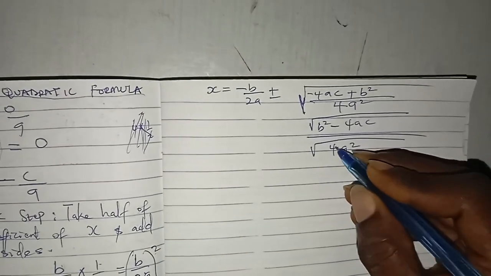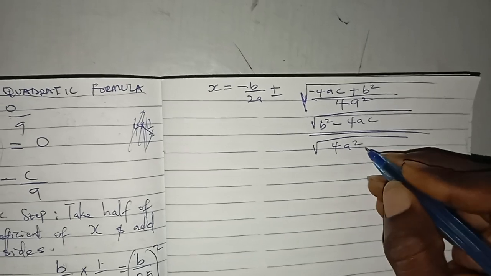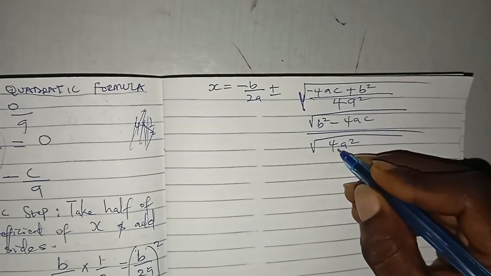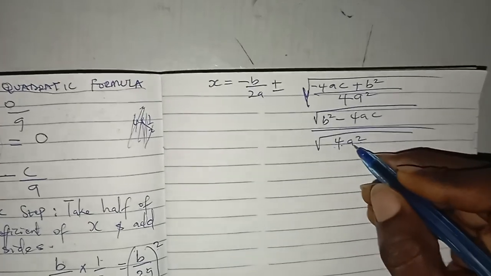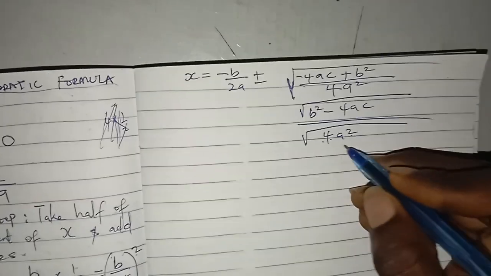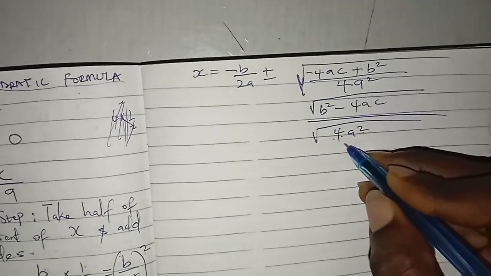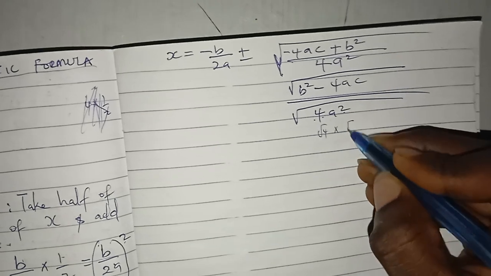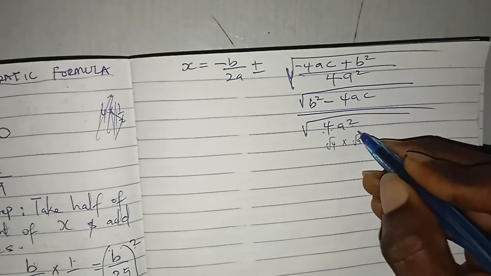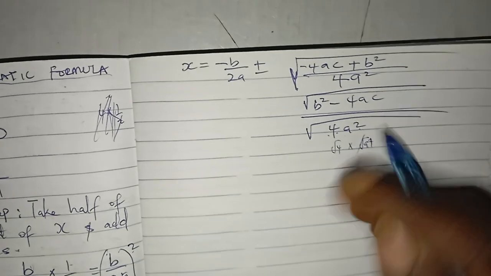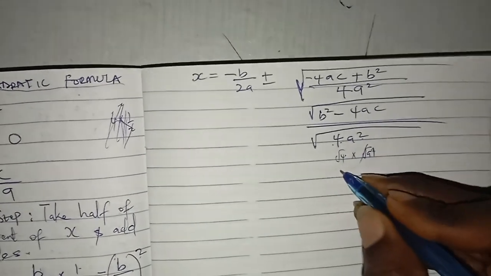Taking the square root of this, you will definitely get, first of all, 4 times a square. 4 times a square is the same thing as saying root 4 times root a square. Should we see it? This can take care of this, and this one will become 2.